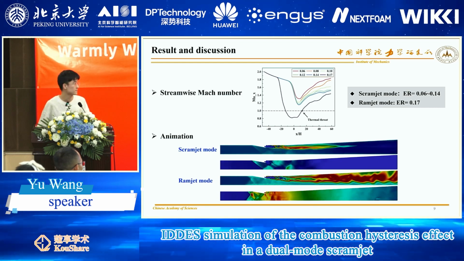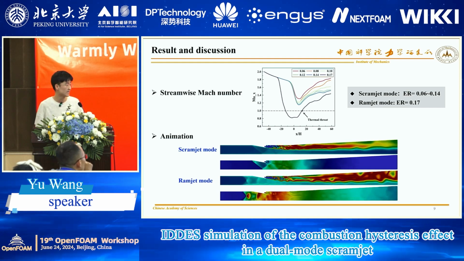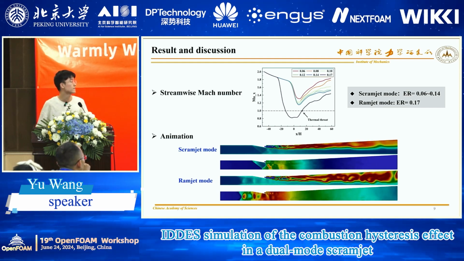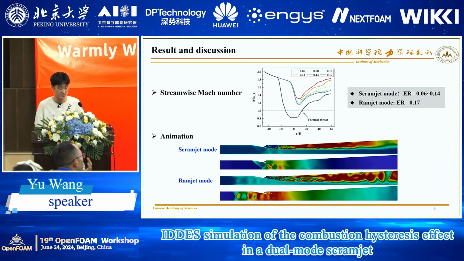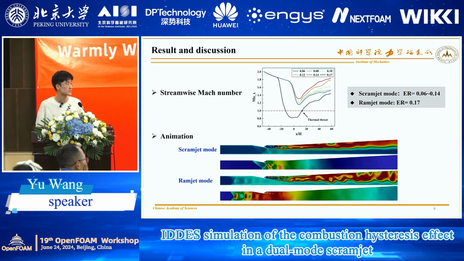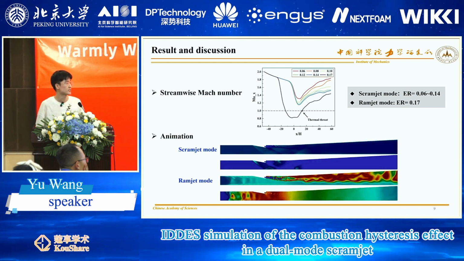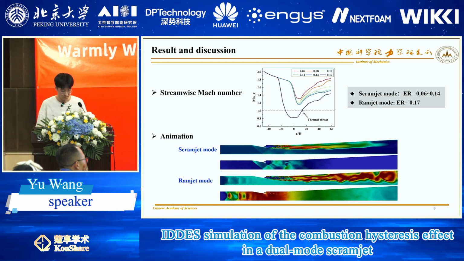From the above streamwise Mach number profile, you can also clearly classify the 2 combustion modes. If the flow is everywhere supersonic, the DMSJ operates in scramjet mode as ER equals 0.06 to 0.14. Otherwise, the DMSJ operates in ramjet mode as ER equals 0.17.